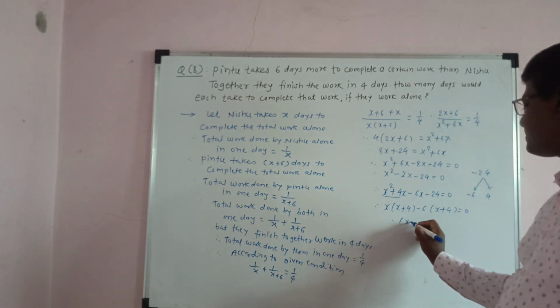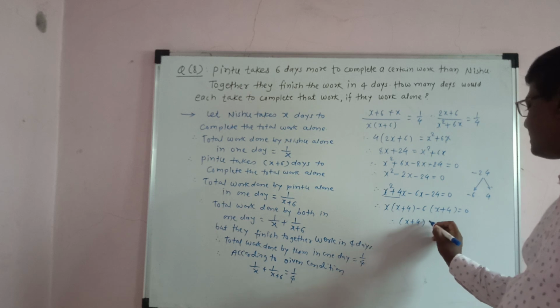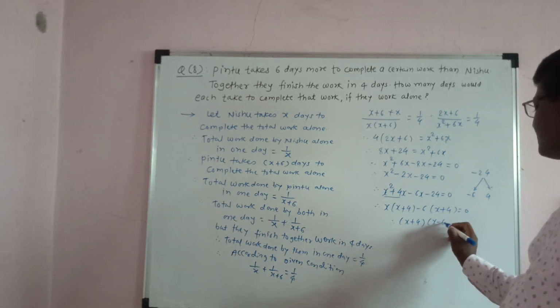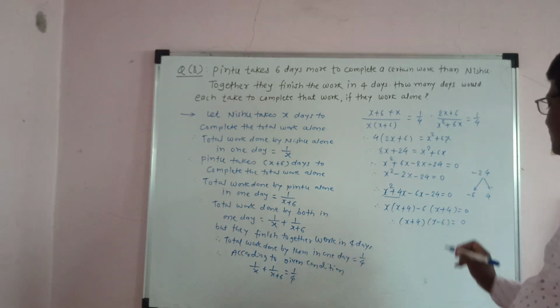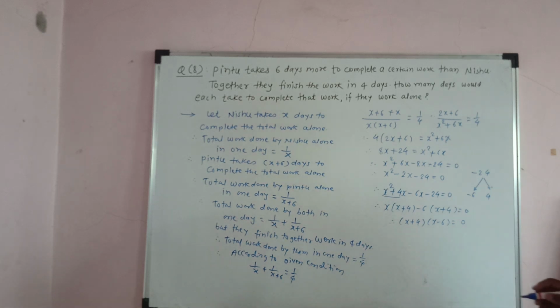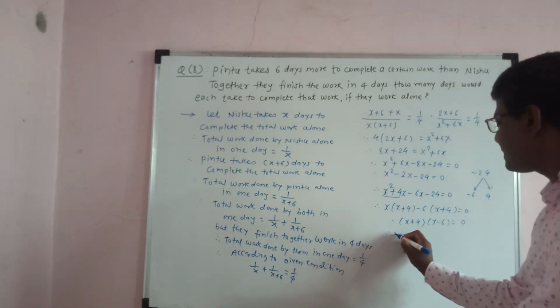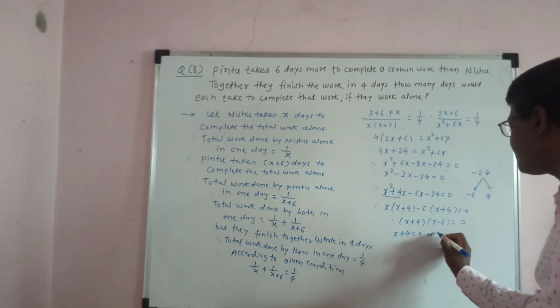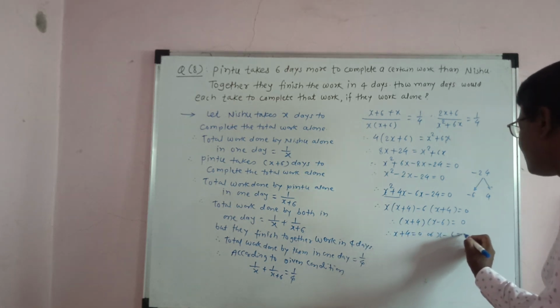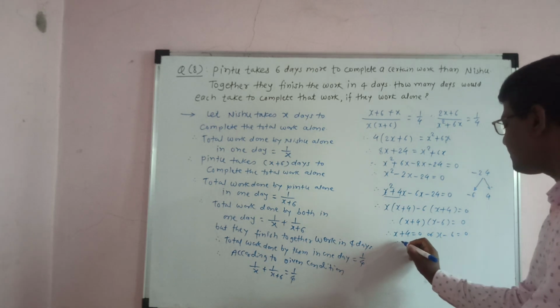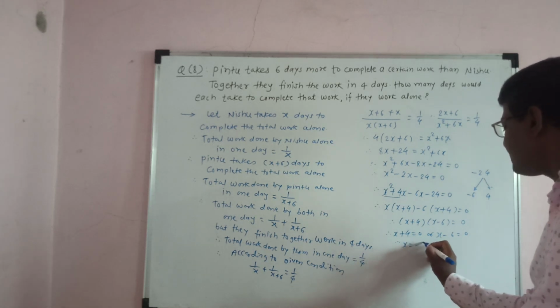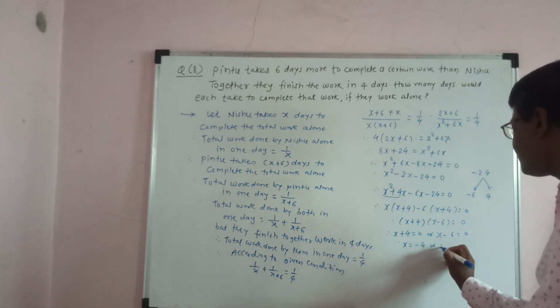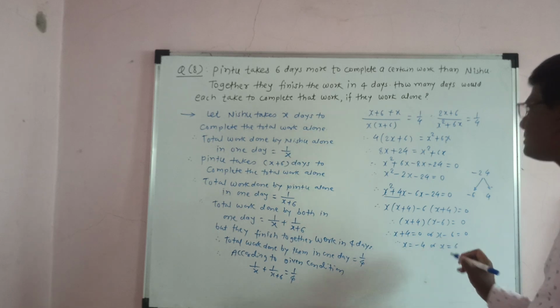Therefore, x plus 4 in the first bracket and in the second bracket x minus 6 is equal to 0. Therefore, x plus 4 is equal to 0 or x minus 6 is equal to 0. Therefore, x is equal to minus 4 or x is equal to 6.